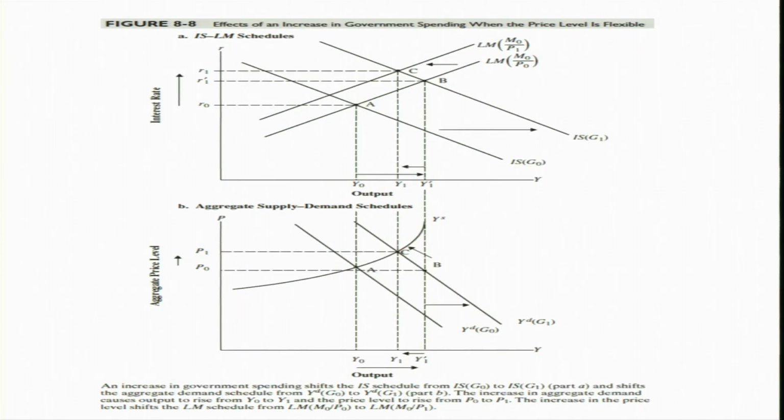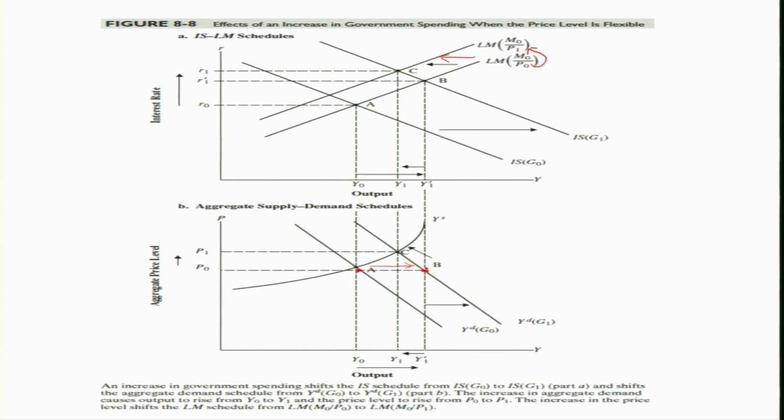Similarly, when there is an increase in government expenditure, here also you can assume the same relationship. An increase in government expenditure and expansionary fiscal policy will shift the aggregate demand curve here. The equilibrium position will move from A to B. But if we assume, as we discussed in the previous slide, that firms are willing to meet this additional demand only at a higher price, when the price level increases from P0 to P1 with the money supply remaining constant, then you know that the LM curve will shift leftwards.